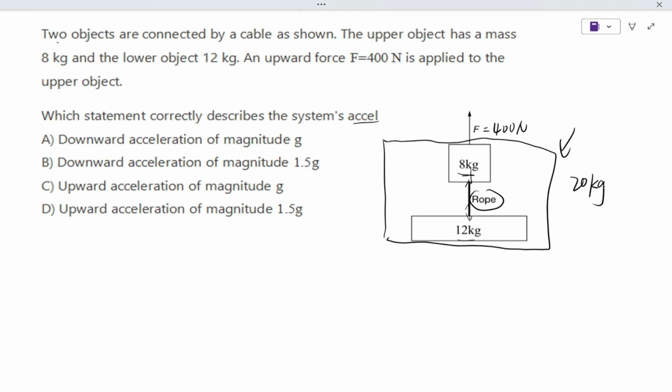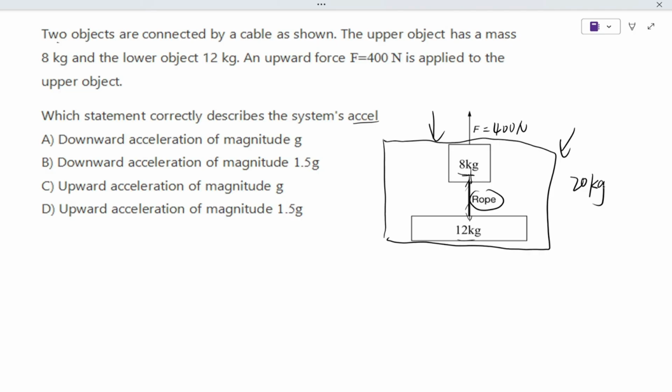This is an internal force which we can cancel out because they have opposite directions and the same magnitude. If it doesn't have the same magnitude, the rope will break. We can cancel it out. So we treat this part as a 20 kilograms object, a bigger object.